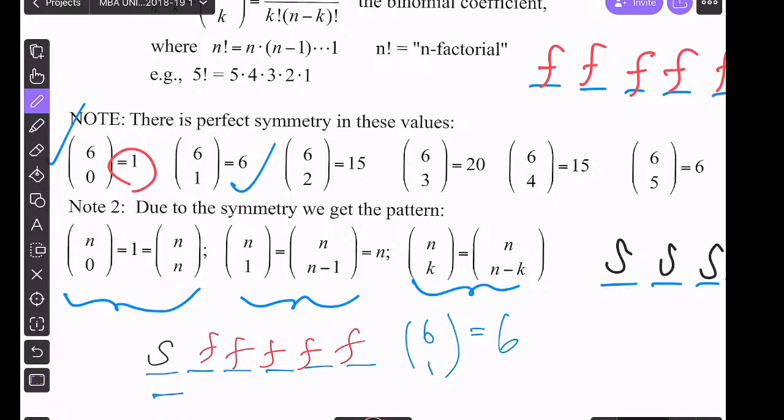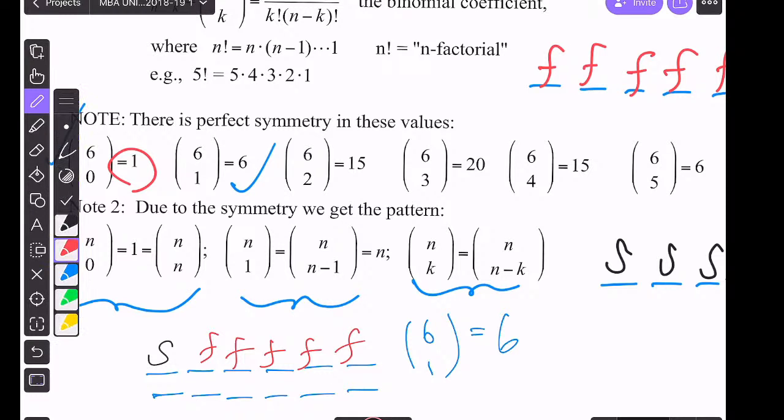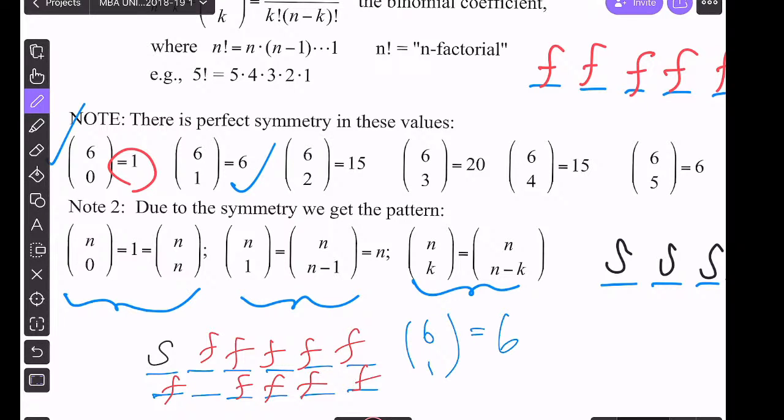I can move the S here. And those are unique. And I can keep on going, moving the S, scrolling through. And there'll be 6 different ways.